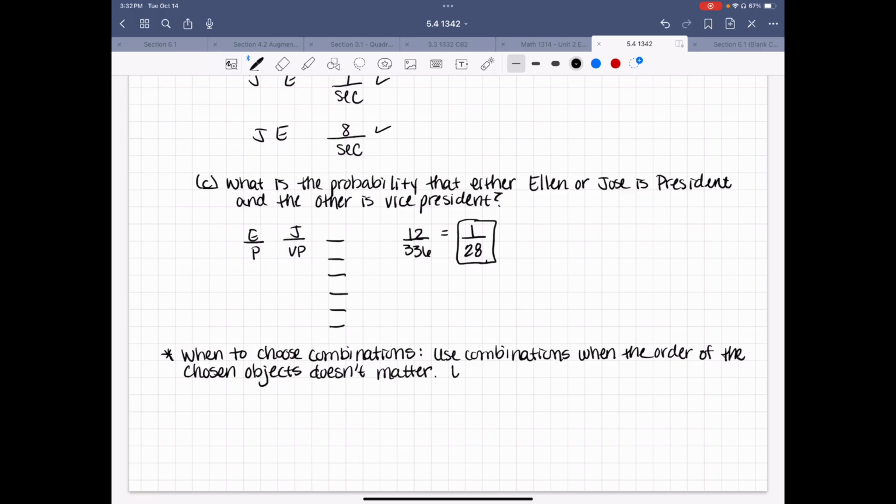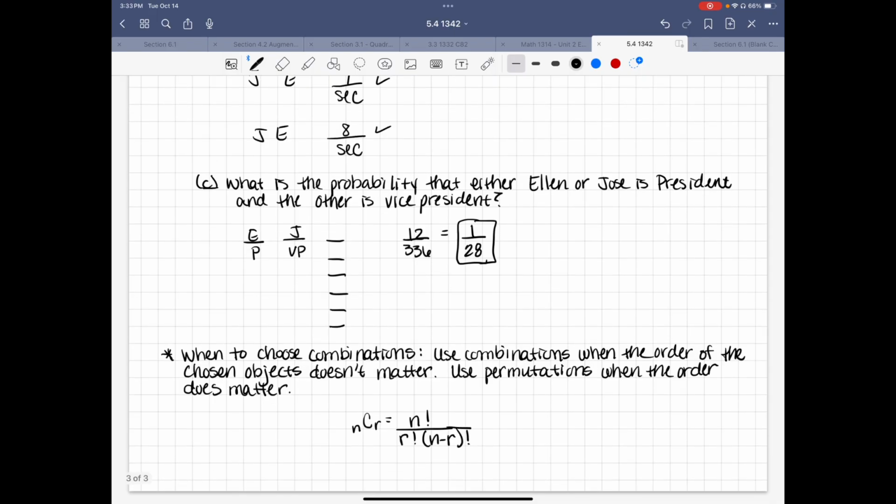Use permutations when the order does matter. We've been doing permutations, guys, where the order does matter. Now, if the order doesn't matter, then it's known as a combination, and we use a C. It's nCr, and this equals n factorial over r factorial times (n minus r) factorial.